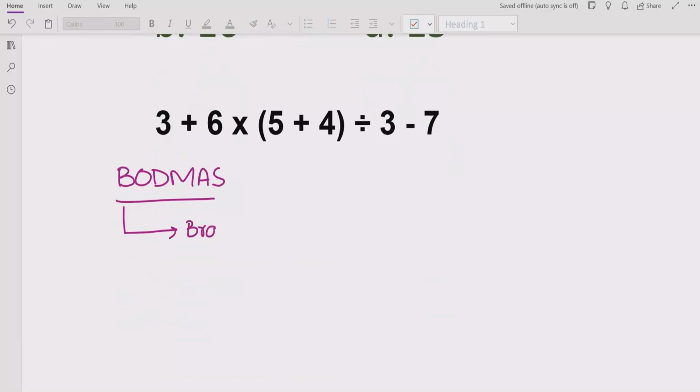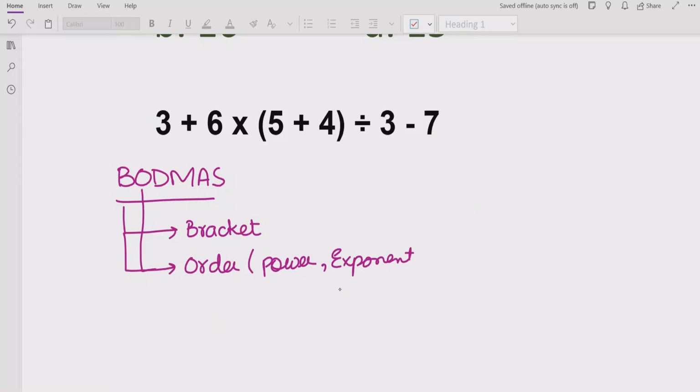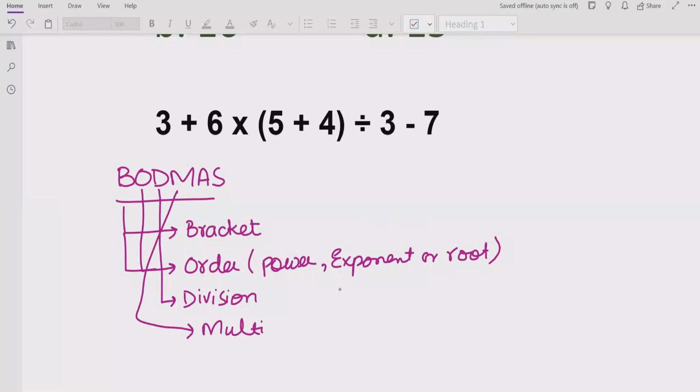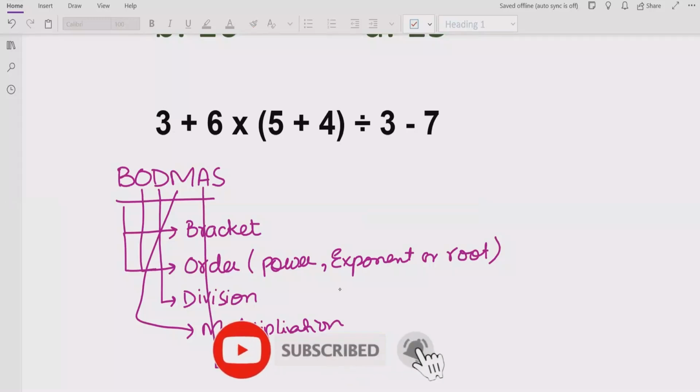B is for bracket, O is for order, which contains power, exponent or root, and D for division, M for multiplication, A for addition, and S for subtraction.